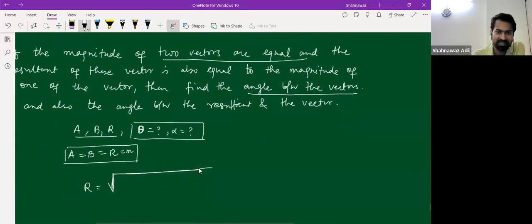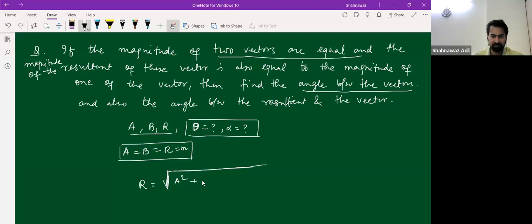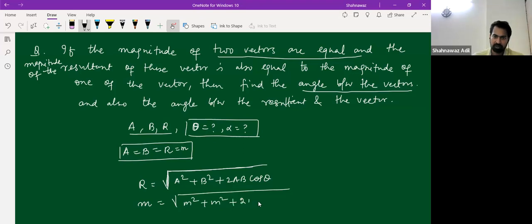So this is 2AB cos theta, right? And we know that R is M, A is M and B is M. Right, guys?